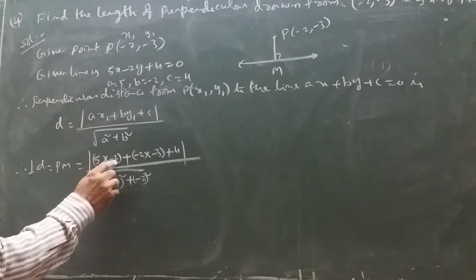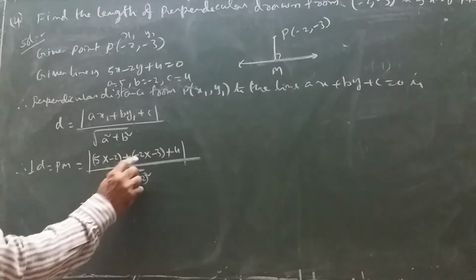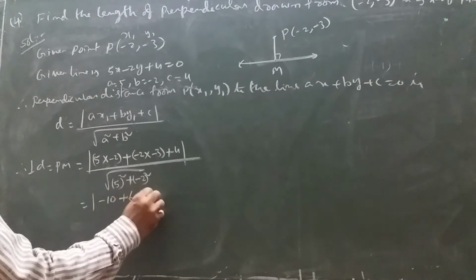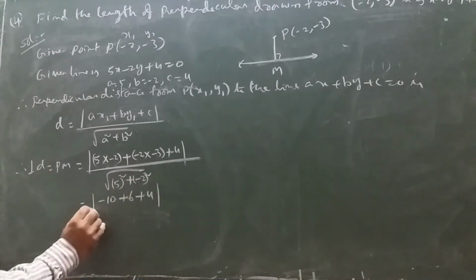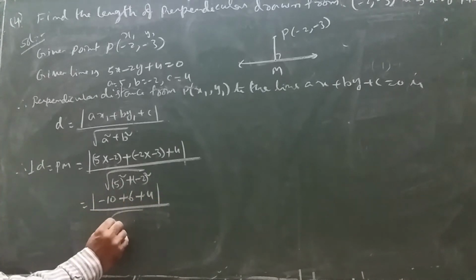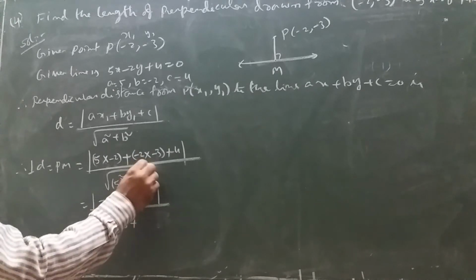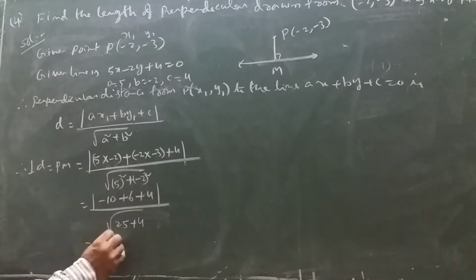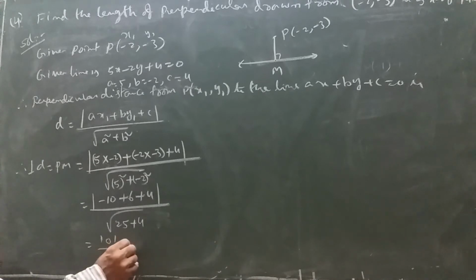Mod of 5 into minus 2 is minus 10, minus 10 plus 6 is minus 4, plus 4, by root of 25 plus 4. Minus 10 plus 6 plus 4 is 0. Mod 0 by root 29.